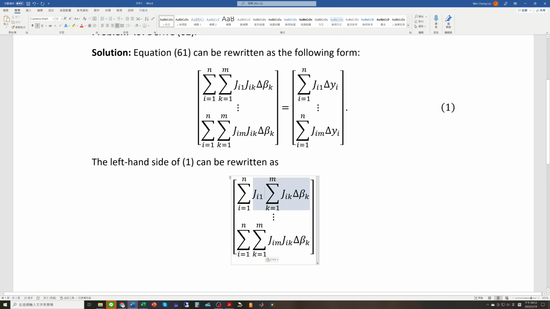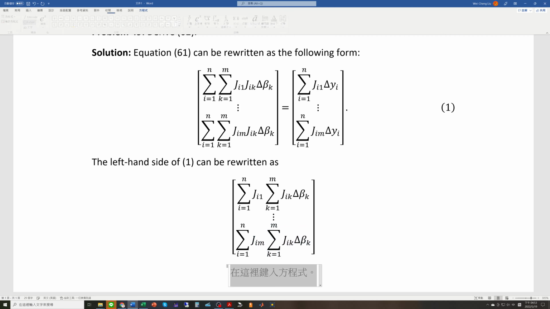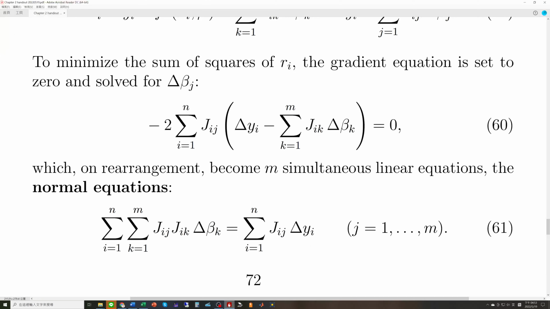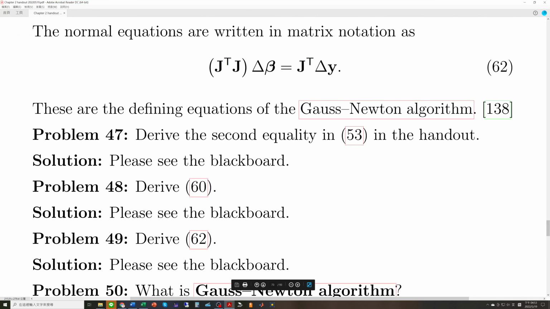Similarly Jim does not depend on k, so we can move Jim out of the second summation. Okay, our goal is to prove that the left hand side is equal to J transpose J delta beta.